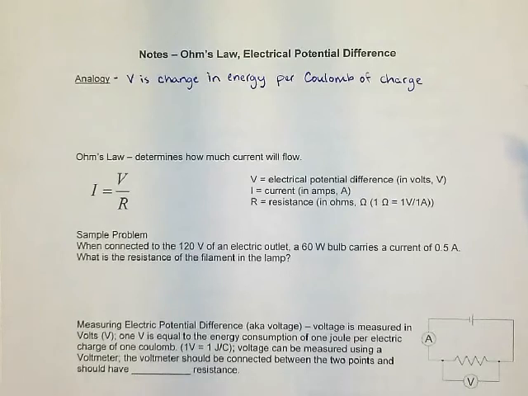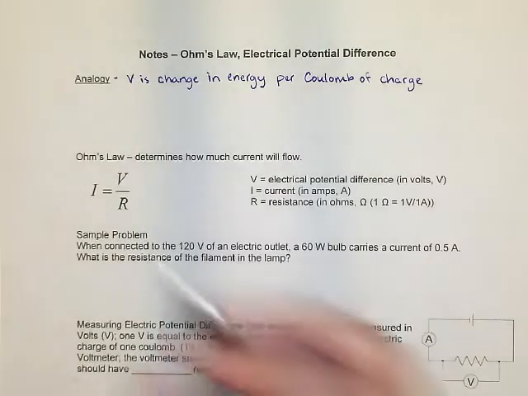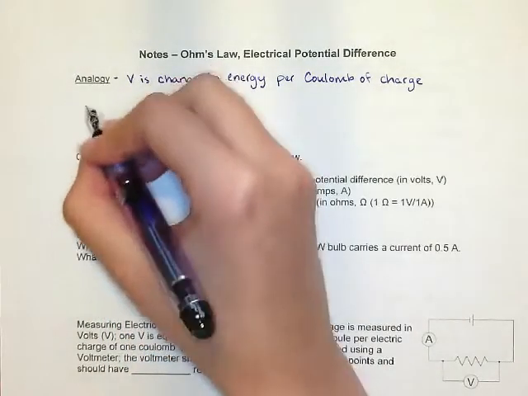If we wanted to go back to the water analogy, where current is the rate of water flow in gallons per minute, the reason why the water is flowing is because it's flowing downhill. It's kind of like height.